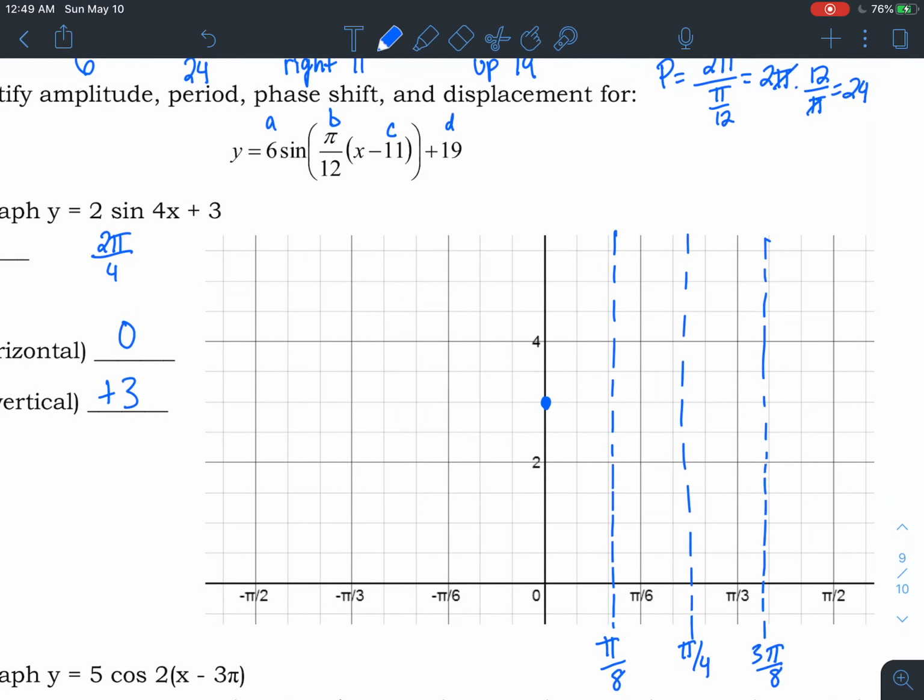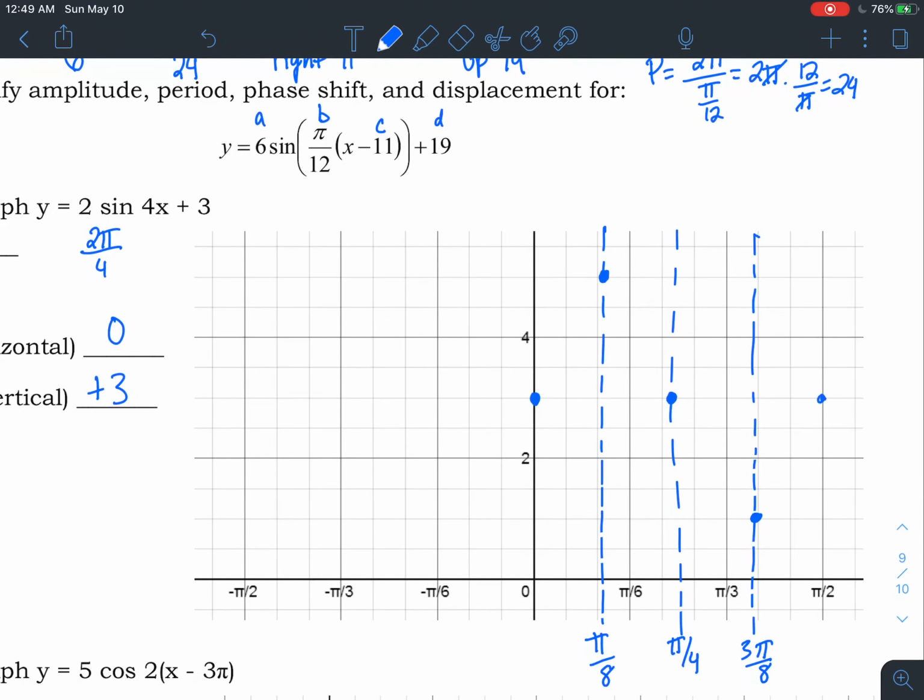Anyway, my amplitude is 2, so I'm going to be going up 2 units to positive 5, back down to rest, which is positive 3, down 2 units to 1, and then back to rest, which is back to 3. So it's the same looking graph, just shifted up 3 units, and has an amplitude of 2.